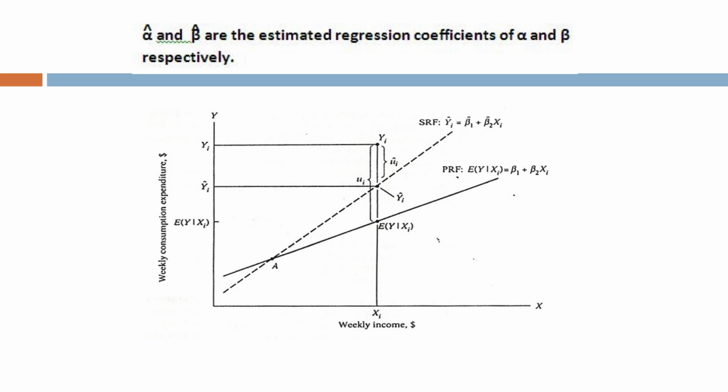For the given x_i, you have the corresponding observation y_i. The gap between y hat and y is denoted as e_i, whereas the gap between the conditional expectation of y given x_i and y_i is taken as u_i. So, this diagram clearly explains what is u_i and what is e_i.